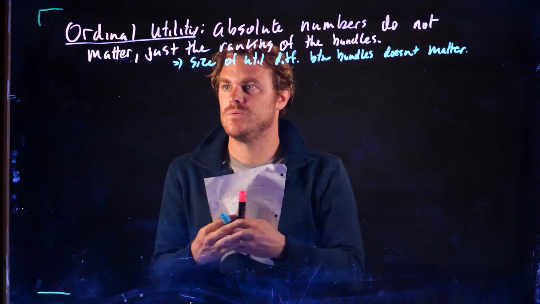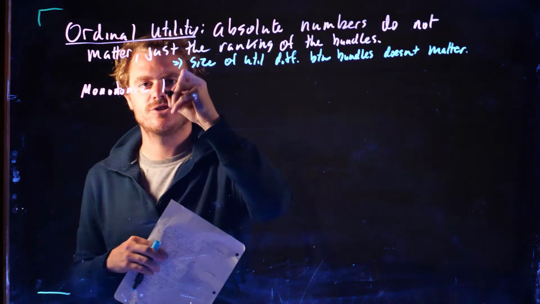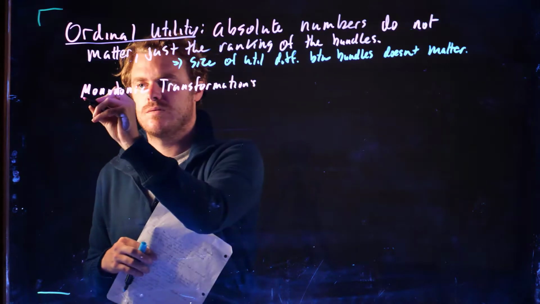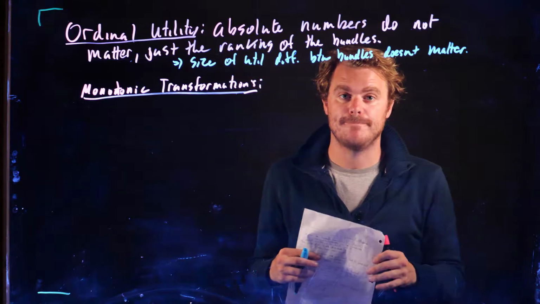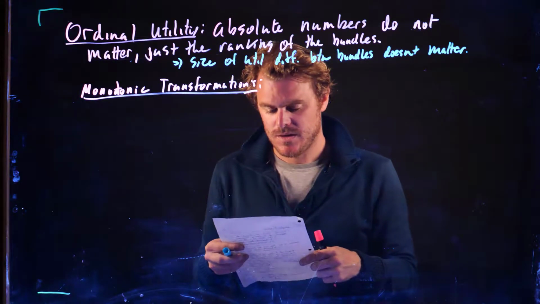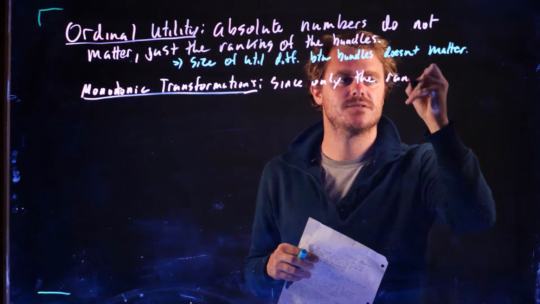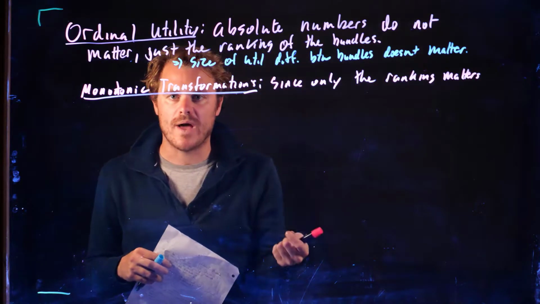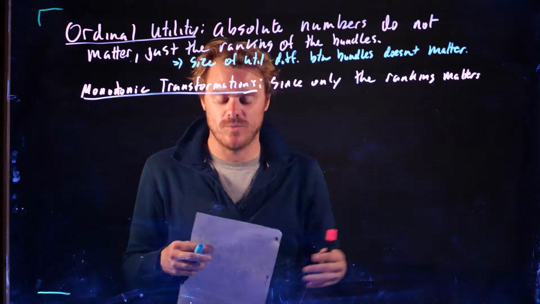Because of this, we can talk about monotonic transformations. We talked about monotonicity before, and we talked about preferences and indifference curves. Since only the ranking matters, as soon as we find one way of representing these preferences with the utility function, we found an infinite number of ways to do so.